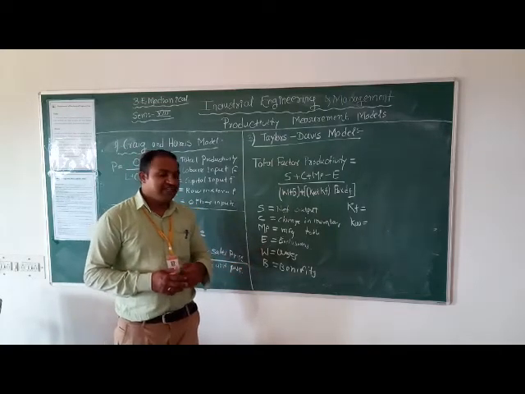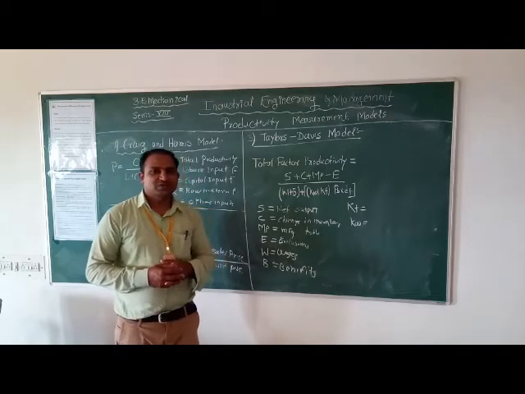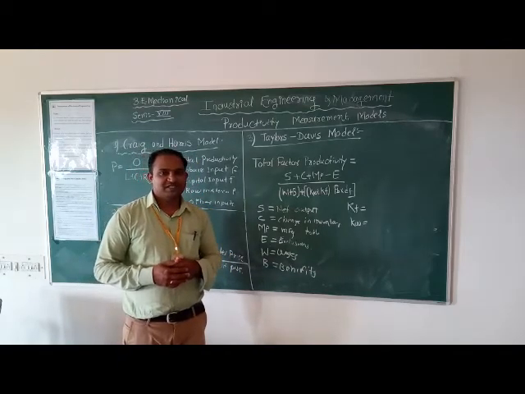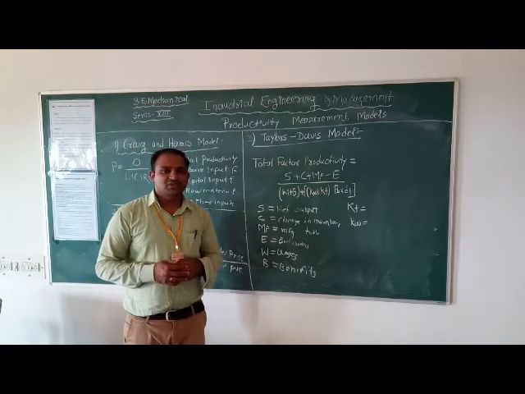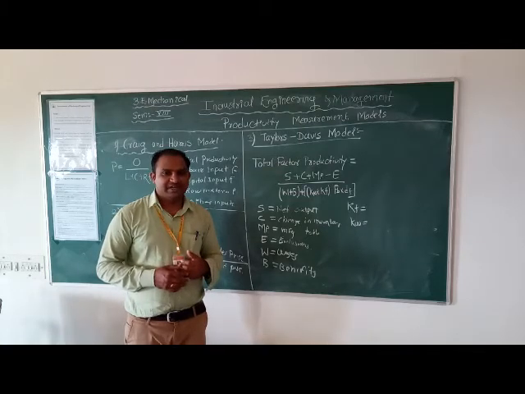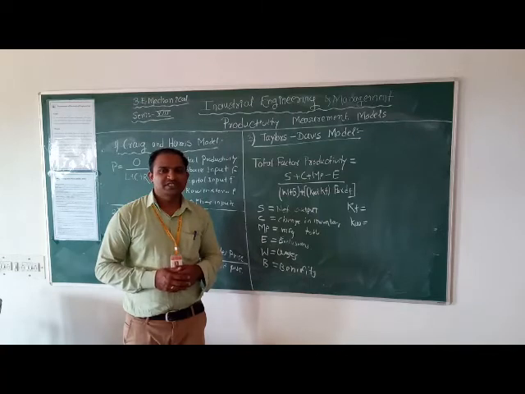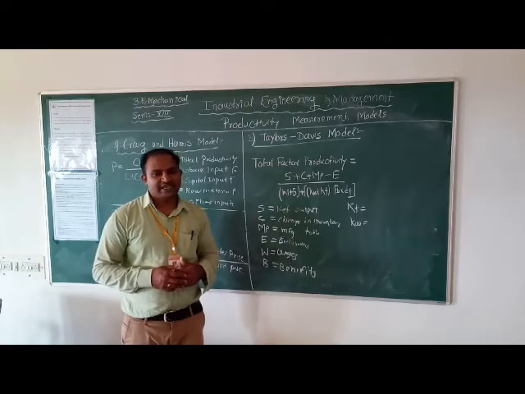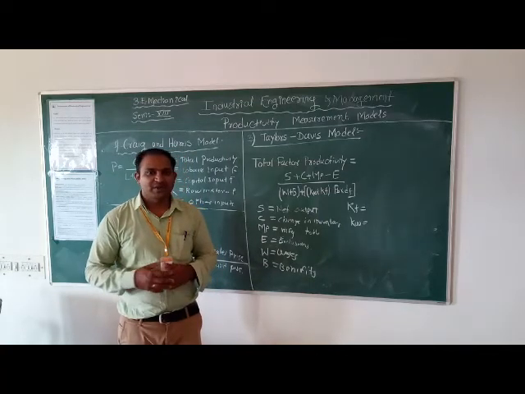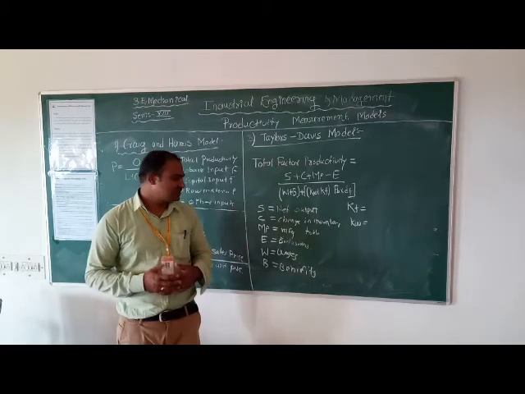Then E is the exclusions. Exclusions means other components. Some workers are on contract basis, some are temporary. Some equipment is used temporarily to produce the total output. These are exclusions, meaning other than regular components, material and machines.